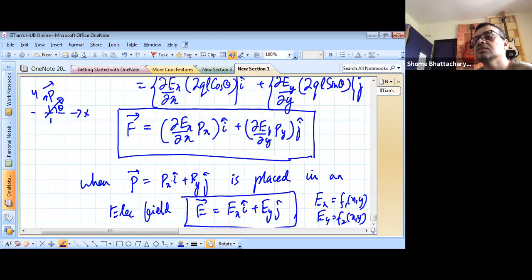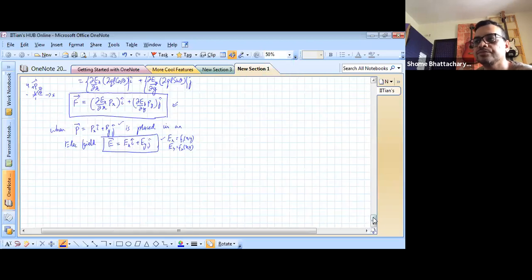So when this dipole is placed inside this kind of a field, it experiences a force given by this term. And this automatically reduces to our earlier case if there's a one-dimensional field and the dipole is placed in that one-dimensional field. Or, even if you make one of these two one-dimensional, the formula will still reduce to the one-dimensional term.